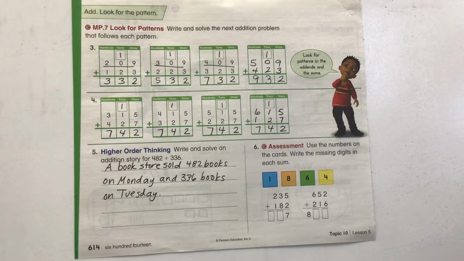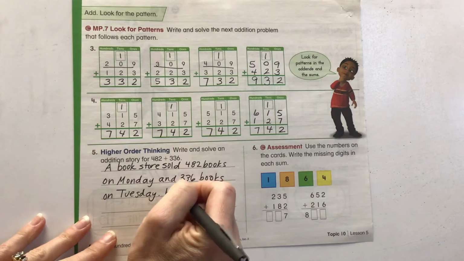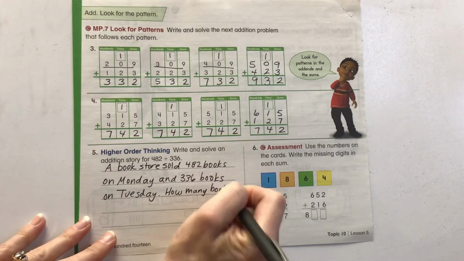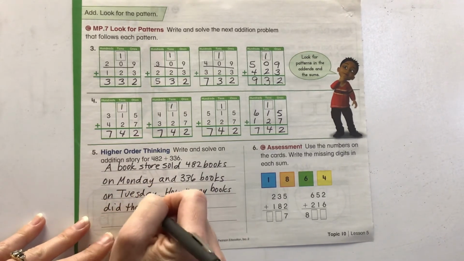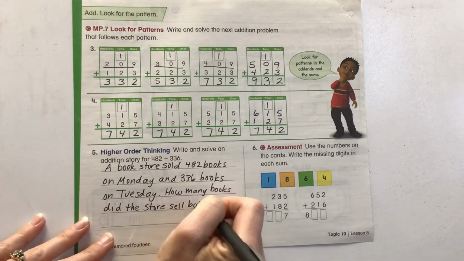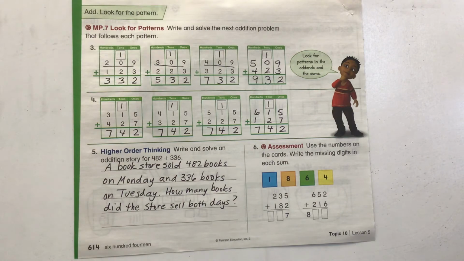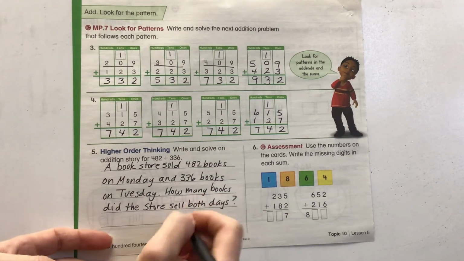How many books did the store sell on both days, I guess? Let's see. How many books did the store sell both days? And then we'll go through and I'm going to stack them. We'll see if we need to regroup and solve from there.